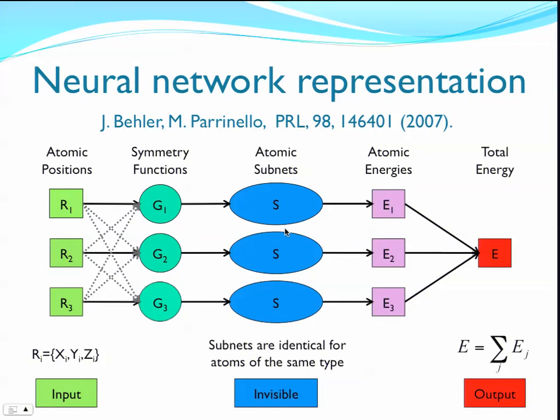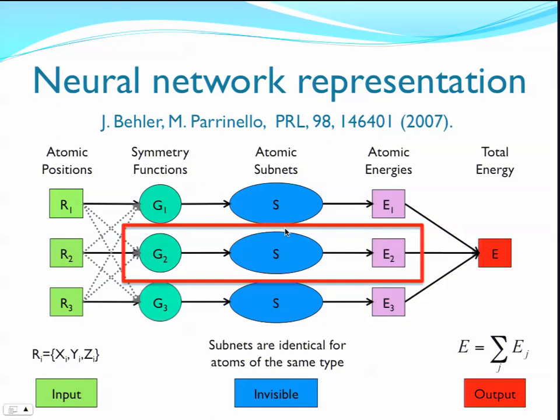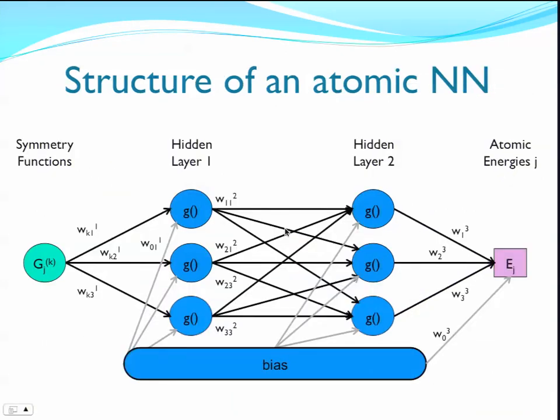So instead we use the symmetry functions as input for the neural networks, and these symmetry functions are basically different order parameters that describe uniquely the atomic environment for each atom in the system. So essentially, this part of this general scheme is a regular feed-forward neural network.